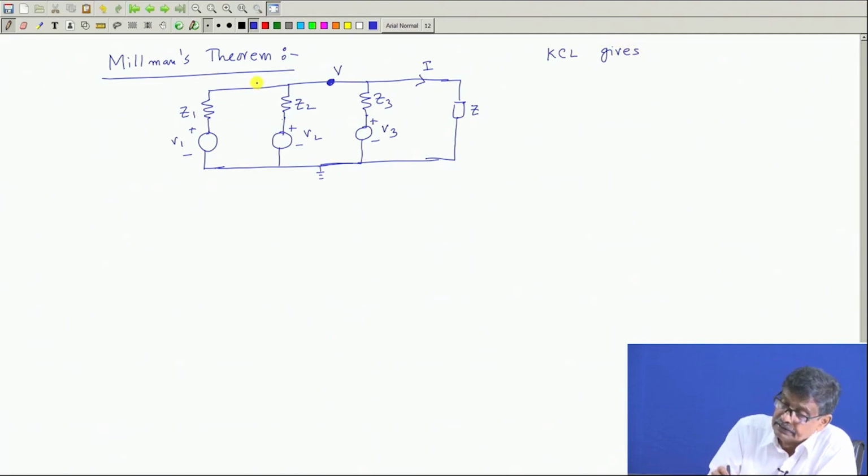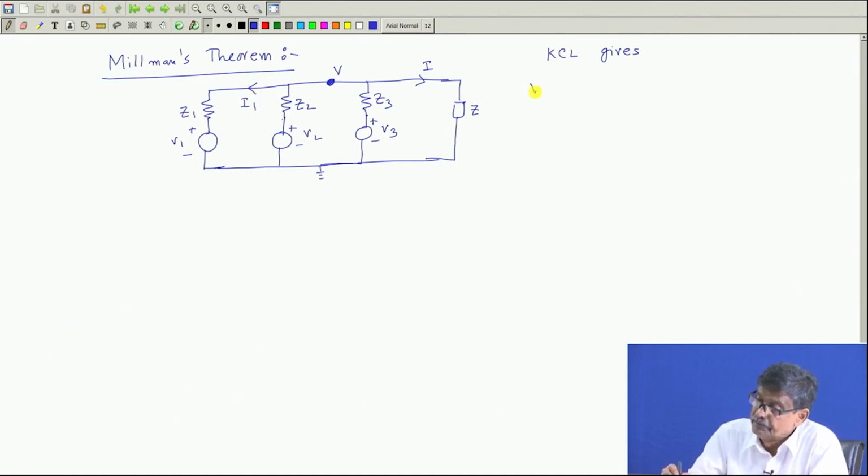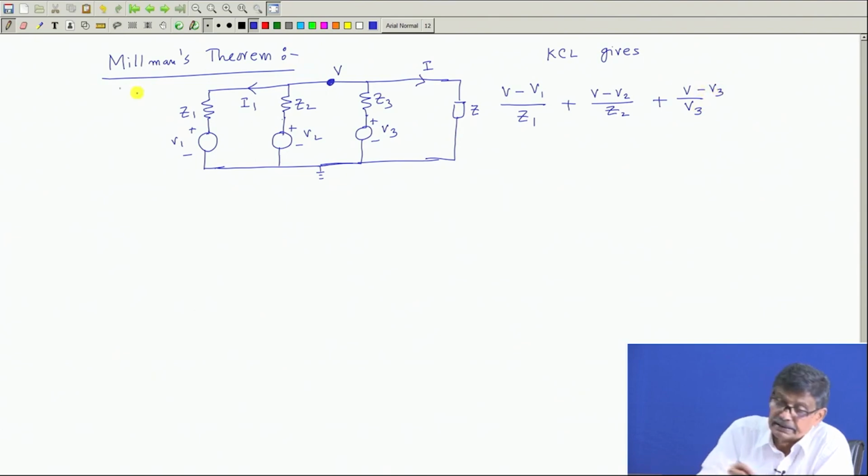The current in this branch I1 will be V minus V1, this way I have directed. So (V minus V1) by Z1 plus (V minus V2) by Z2 plus (V minus V3) by Z3.